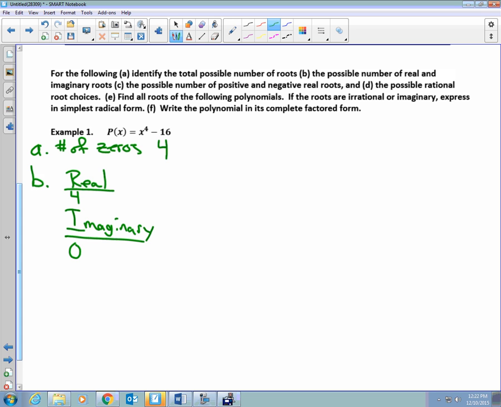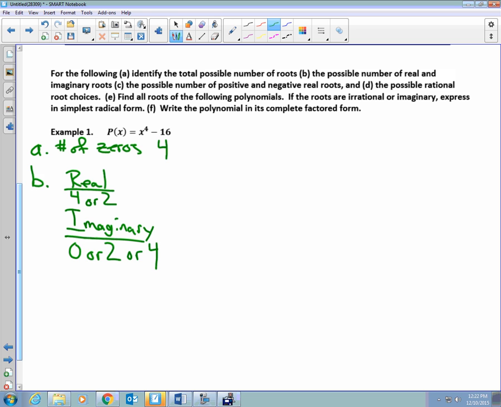Suppose I did have imaginary solutions. Would I just have 1? I would have to have 2. Suppose you did have 2 imaginary solutions. How many real solutions would you have? Suppose you had more than 2 imaginary solutions. How many would you have?